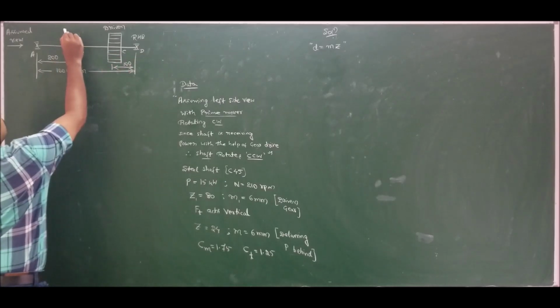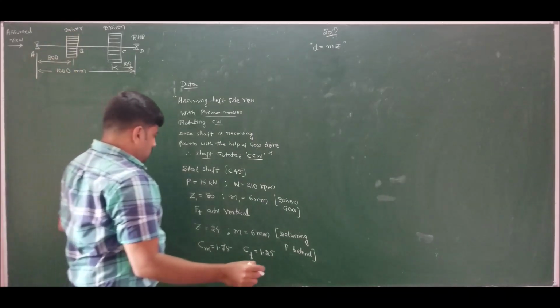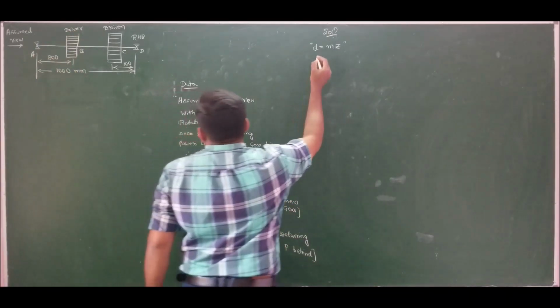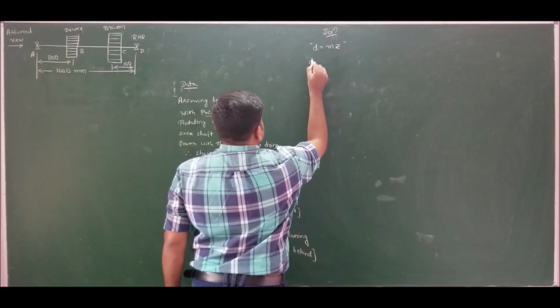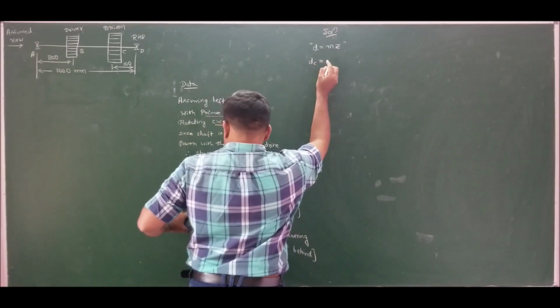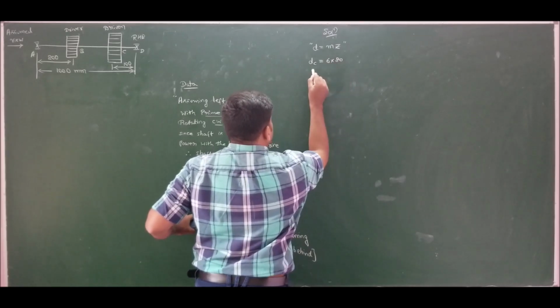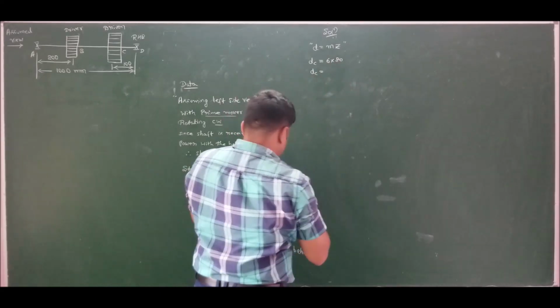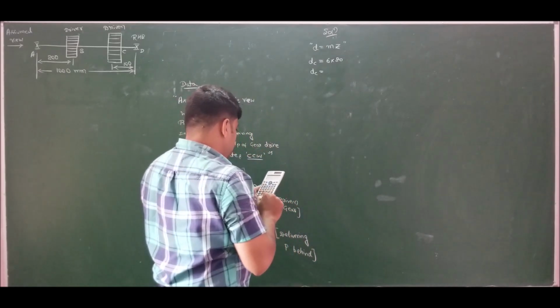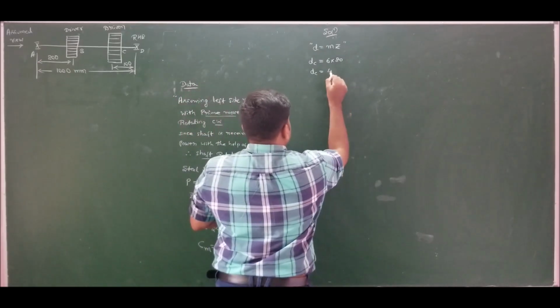This is the pinion or driver. So this will become the diameter of C. Diameter of C: module is 6 and number of teeth is 80. So the diameter of gear C will be 6 into 80, which is 480 millimeters.